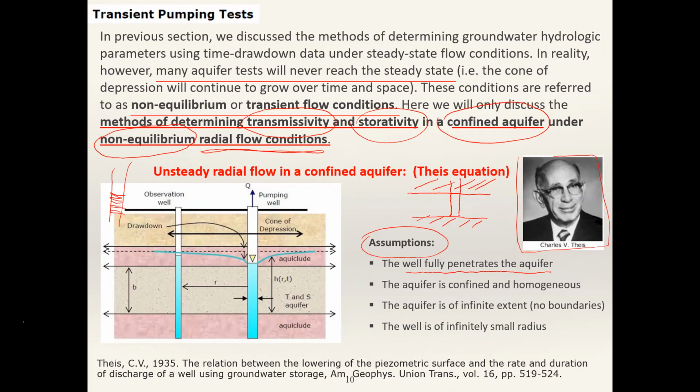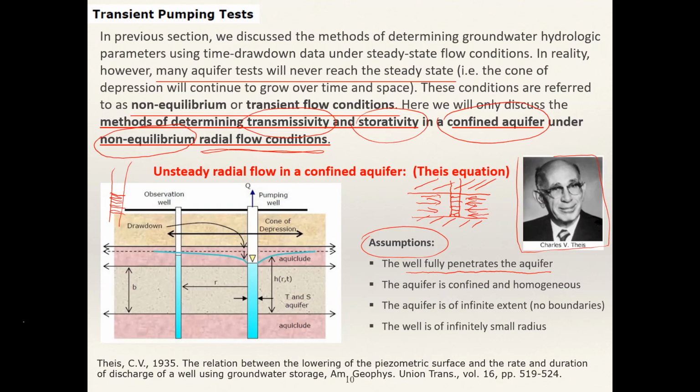Not only that, we have to have the screens covering the entire depth. That is what we call fully penetrating an aquifer, so that the water comes from all directions into the well like this. So the whole depth contributes to the groundwater flow. That is the fully penetrating case.